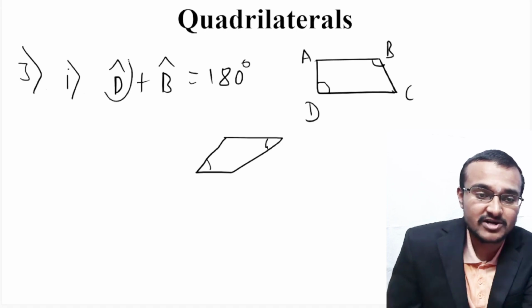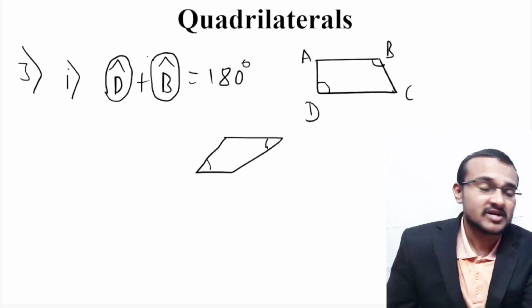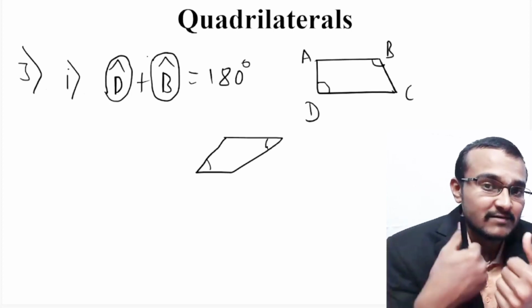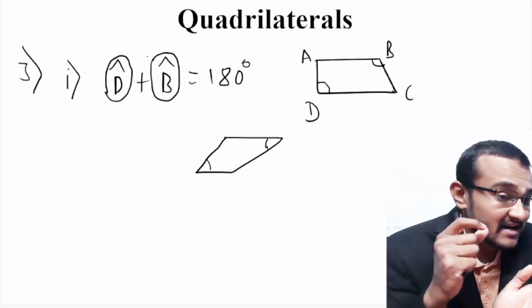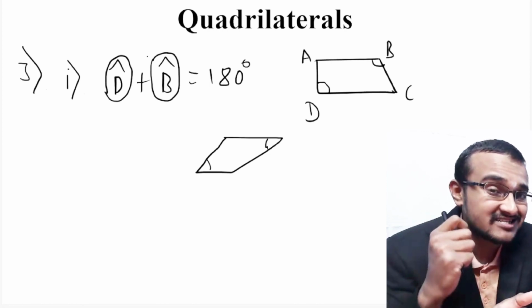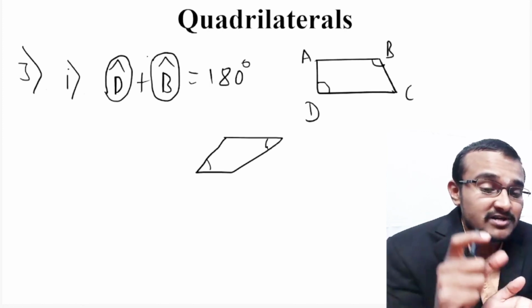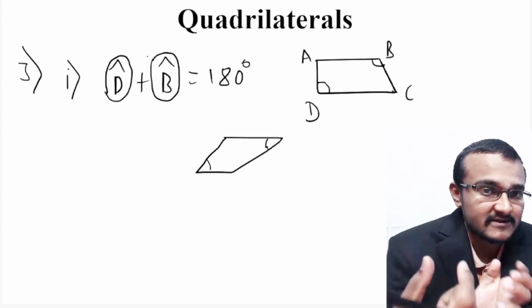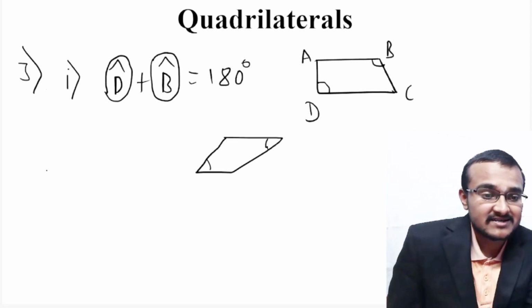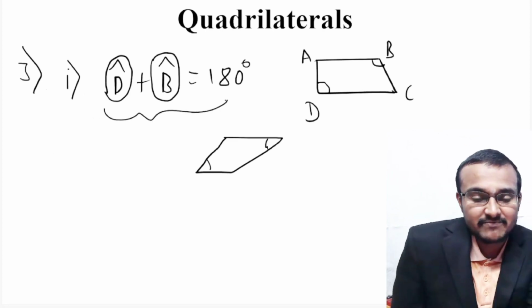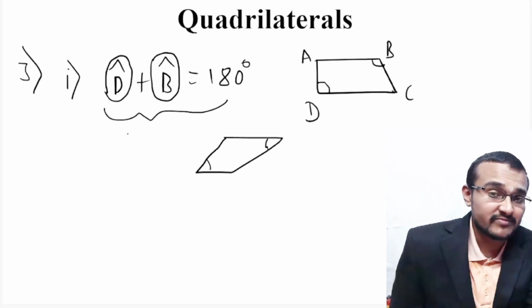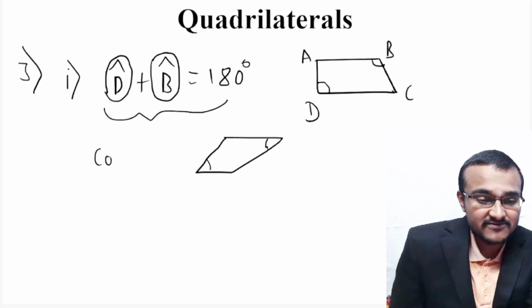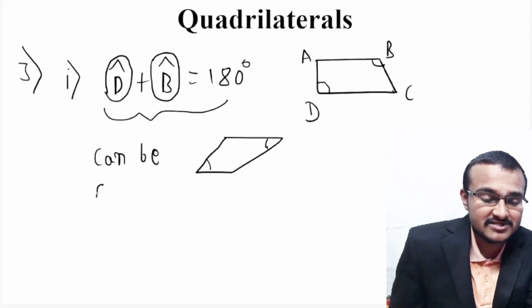But here they have not given the condition that D and B are equal to each other. The sum of D and B is 180 degrees, but they are not necessarily equal. So sometimes this can be a parallelogram and sometimes it cannot.